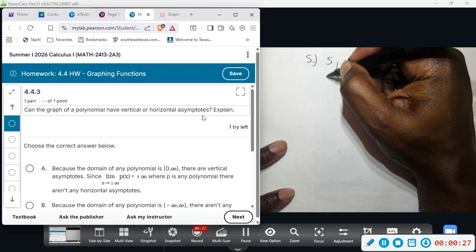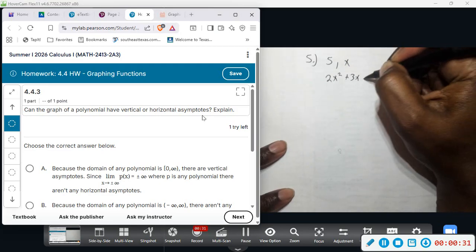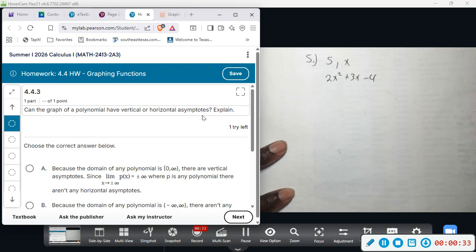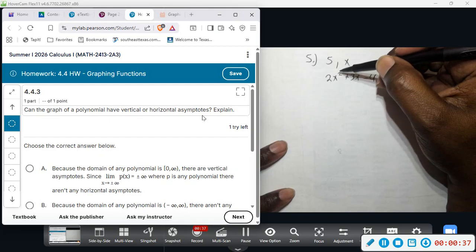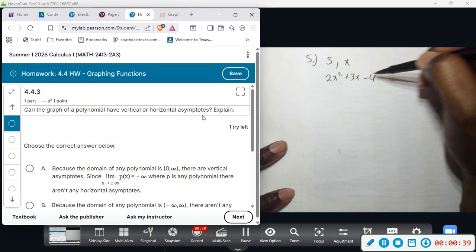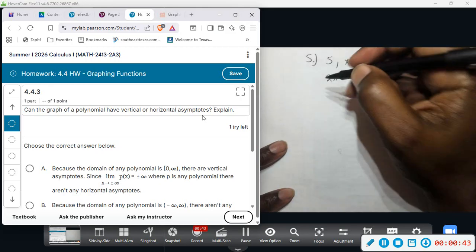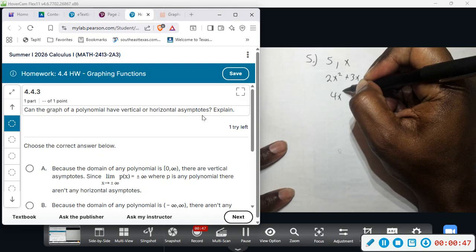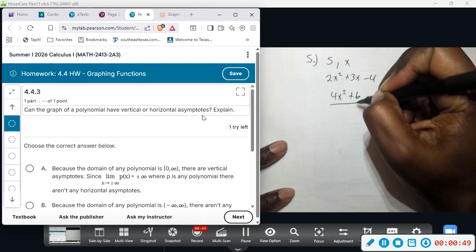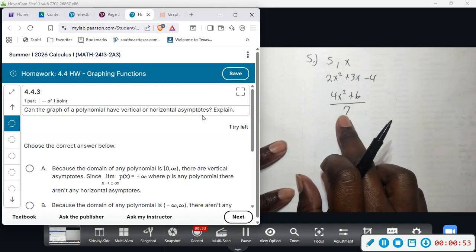So let's just say 2x squared plus 3 minus 4. Something of this form won't have anything in the denominator, so no negative exponents, no fractional exponents. We can have something like this, but we won't have any variables in the denominator.